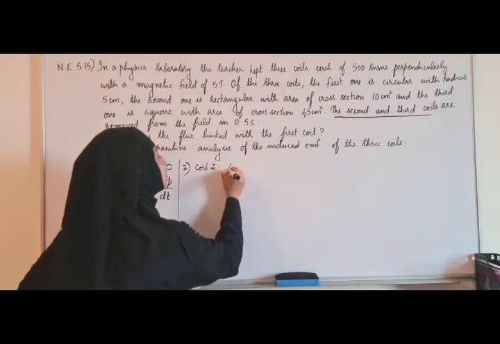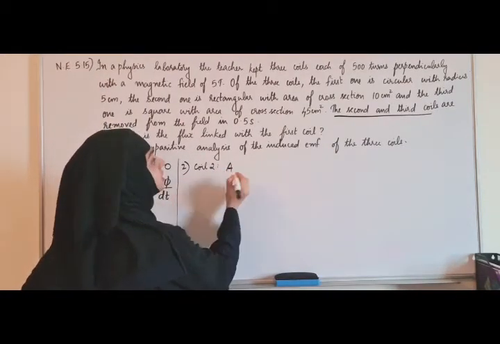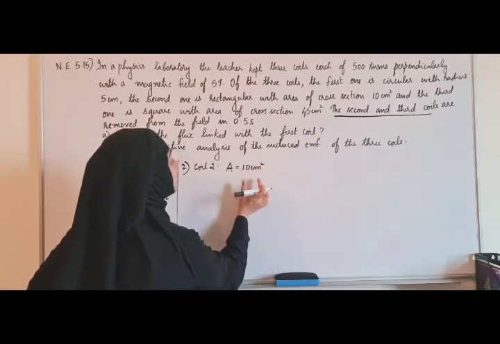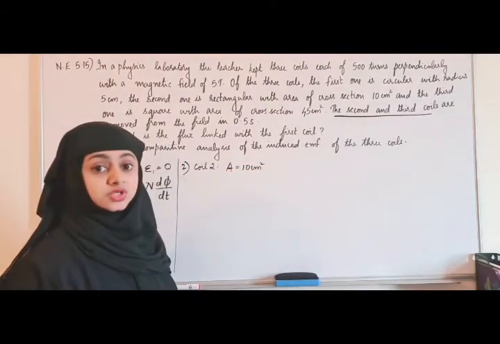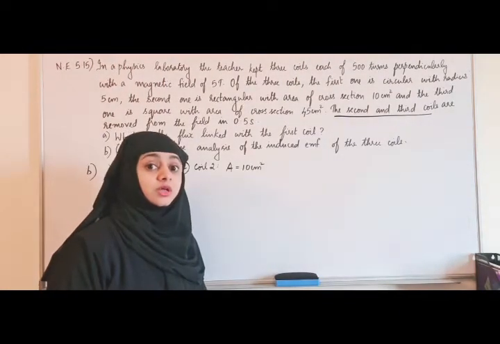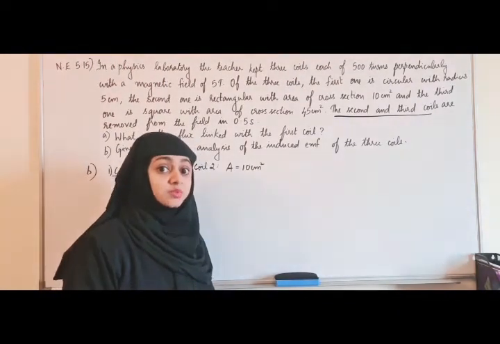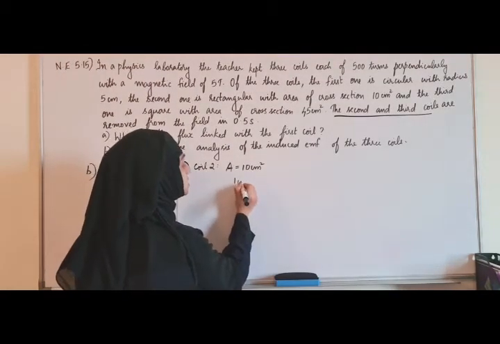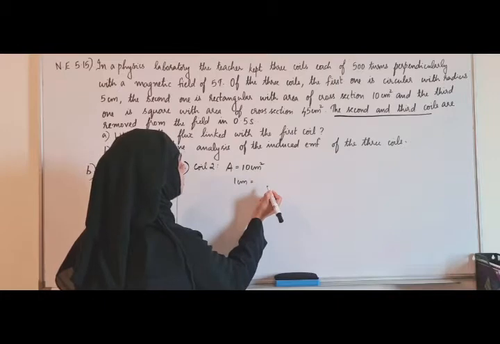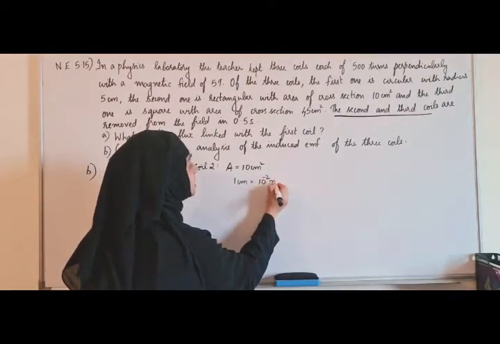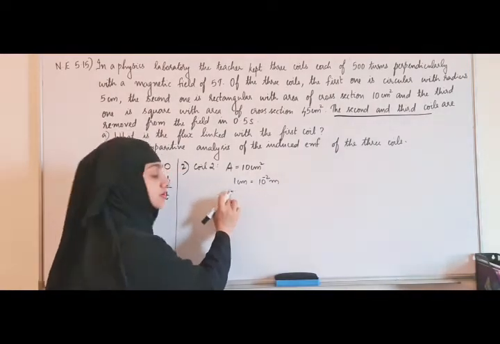So, the area of cross section for the second coil is given as equal to 10 cm square. Can we use this as such? No. We will have to convert the centimeter square to meter square because meter is the SI unit. So, how will we convert? 1 centimeter we know is equal to 10 raised to minus 2 meter, that is divided by 100.